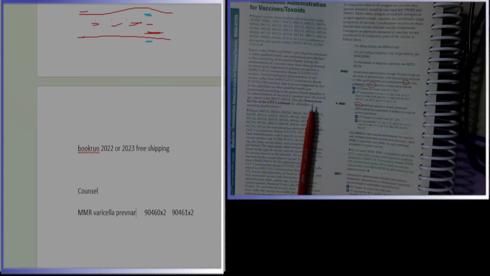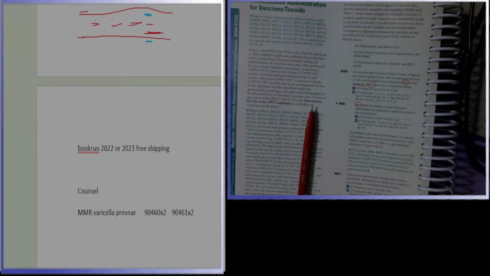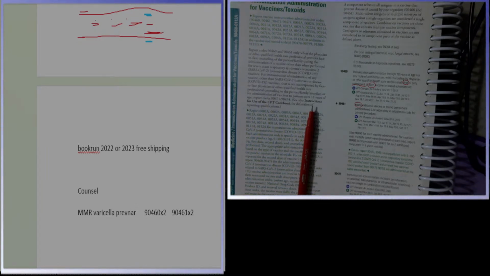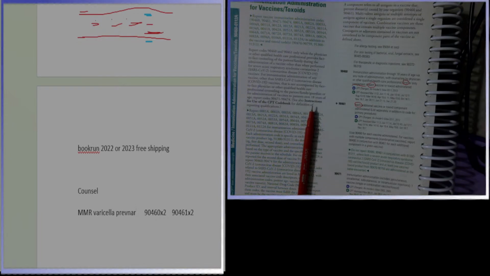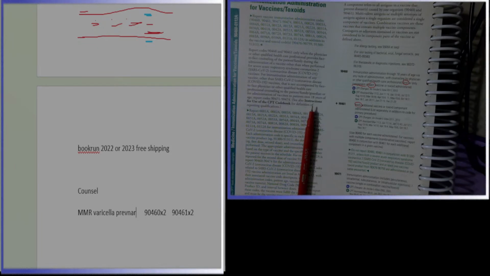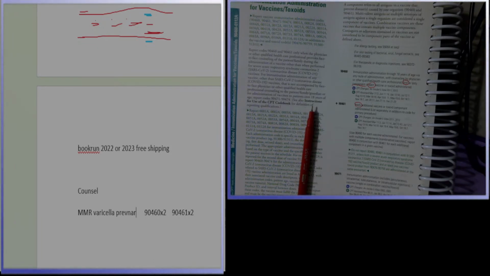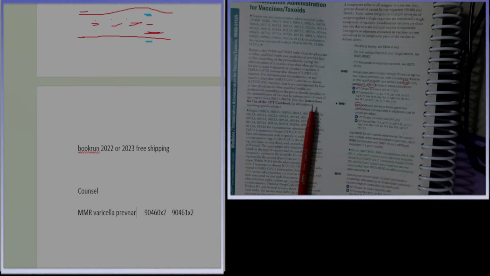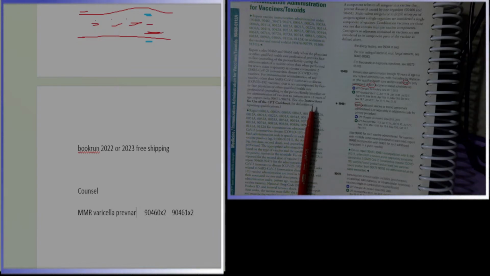You really need to get that document, because not only do you need to know how many components, which are over here in the side, you need to write down beside each one their name. Like Pediarix, Pediacel is often used on the exam. Prevnar, you need those real names next to those CPT codes.